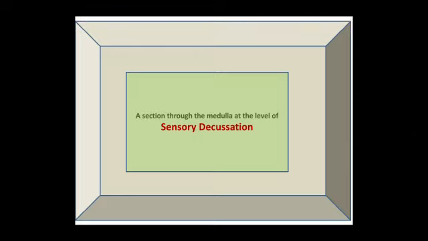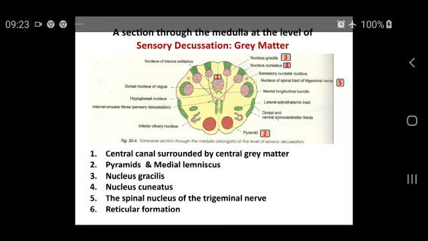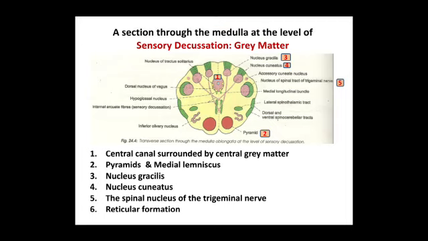Next, the second section of the medulla at the level of sensory decussation. In the grey matter, we can see the central canal, which is surrounded by the central grey matter.